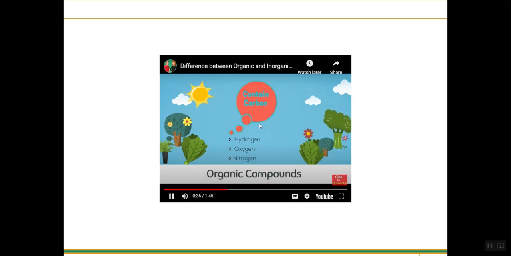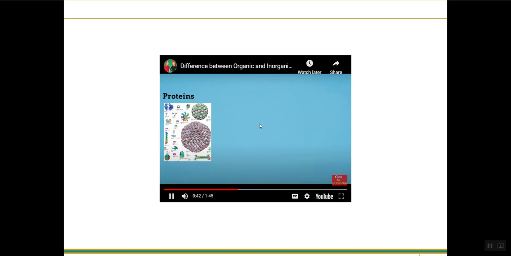There are several important groups of organic compounds found in living things. They are proteins, carbohydrates like sugar, lipids, which are fat and waxes, and nucleic acids such as DNA and RNA.